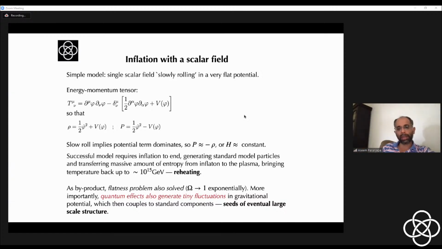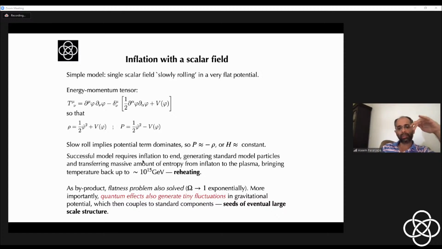Okay, suppose I made H exactly equal to constant, then a will always be exponentially expanding, and the universe will never be allowed to do any of the stuff which we know that it does. Right? It goes through Big Bang nucleosynthesis, it goes through recombination, it goes through structure formation. None of that would happen if the universe is always inflating. So a successful model of inflation must make inflation end at some time, specifically after roughly 60 e-folds for the arguments that I gave before.